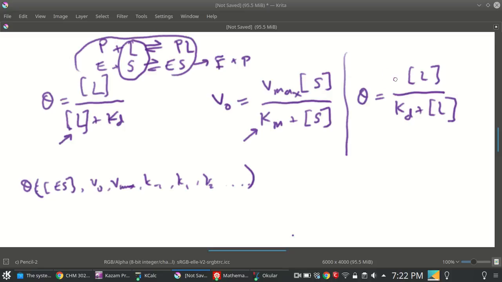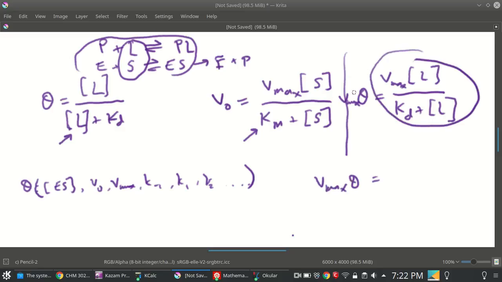But see, mathematically, if I put a Vmax over here, that means I have to put a Vmax over here. So it's theta times Vmax equals this. Well, that's no problem, because Vmax times theta equals this. What is this? This is V naught. So put a V naught here, and then we just solve for theta. V naught over Vmax.